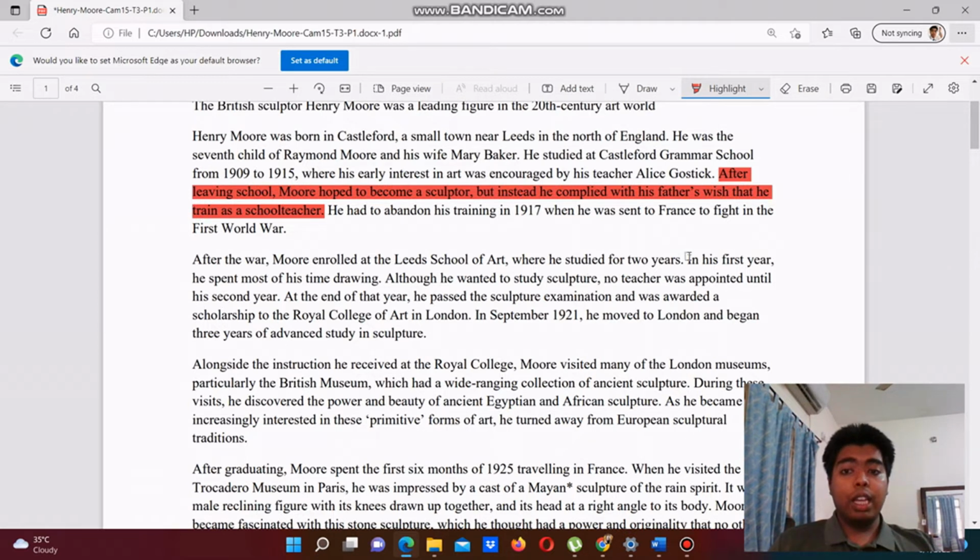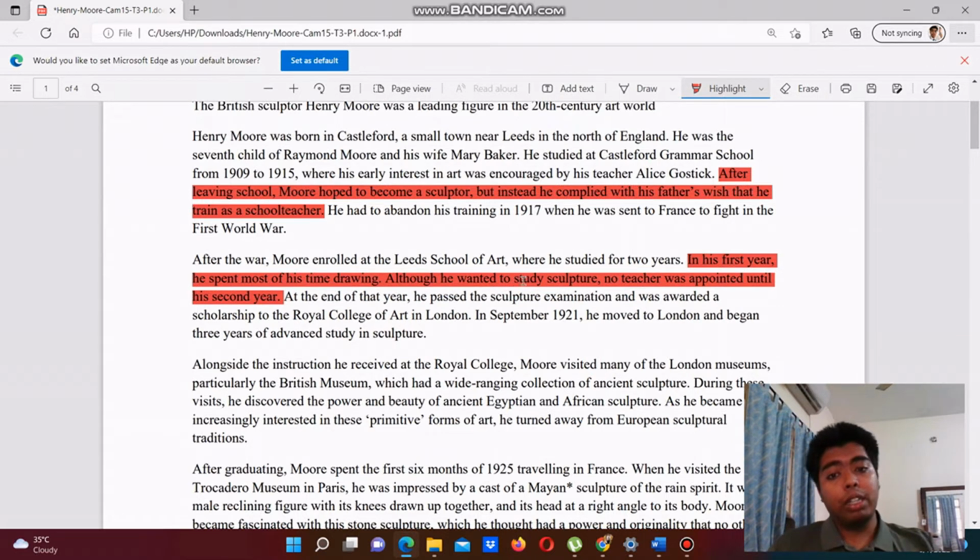Here you can see that he studied drawing in his first year, but he wanted to study sculpture. But there weren't any teachers available during his first year of the college. So that is why he studied drawing, not sculpture.